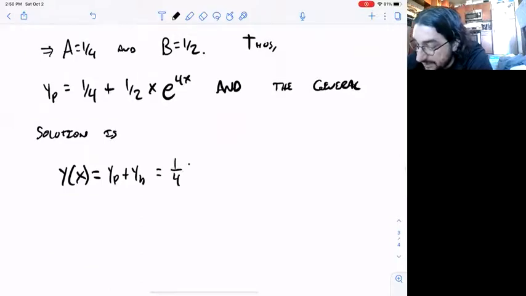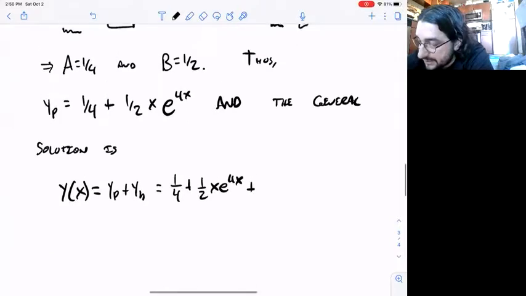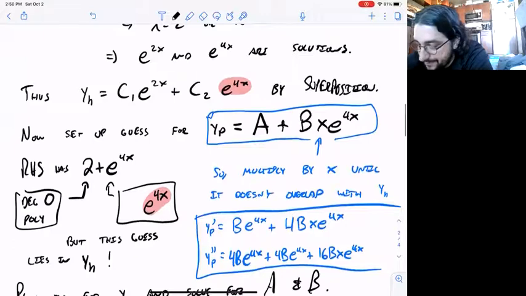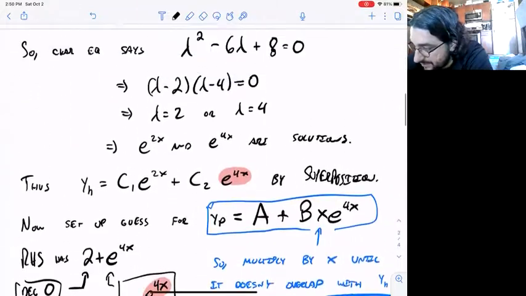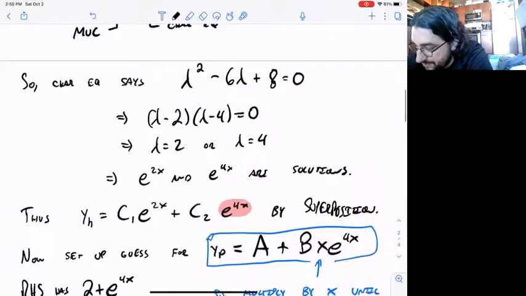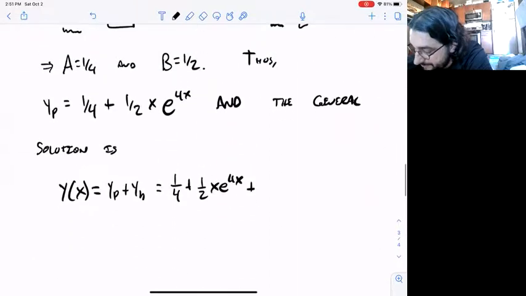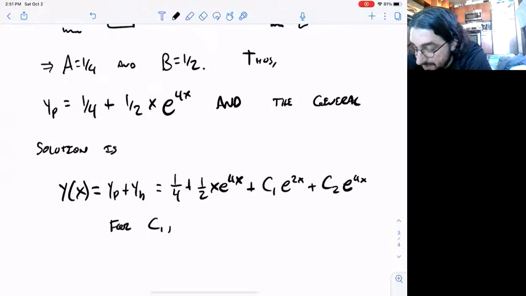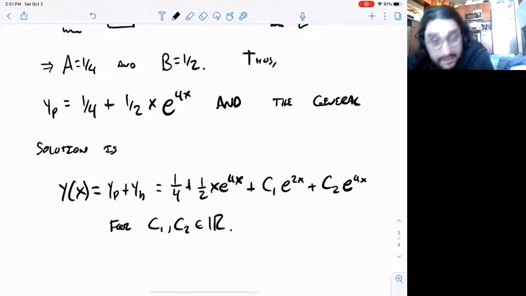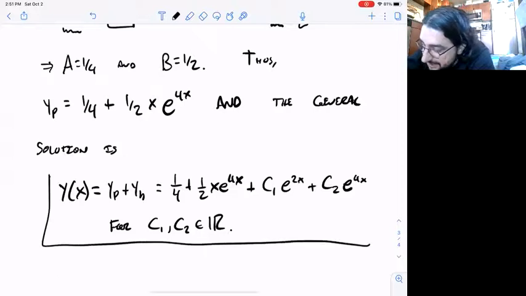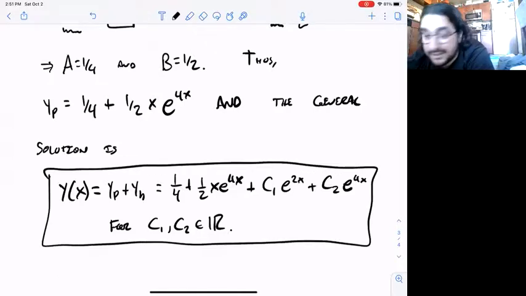So it's 1/4 plus 1/2 x e to the 4x plus, let's do y sub h, where we did superposition: C1 e to the 2x plus C2 e to the 4x. Where C1 and C2, again, can be any real numbers. So this is our general solution to that differential equation.